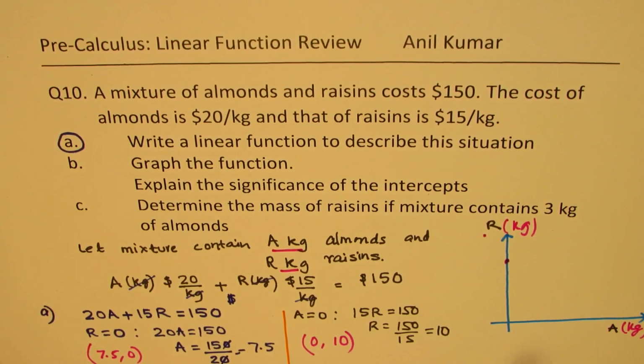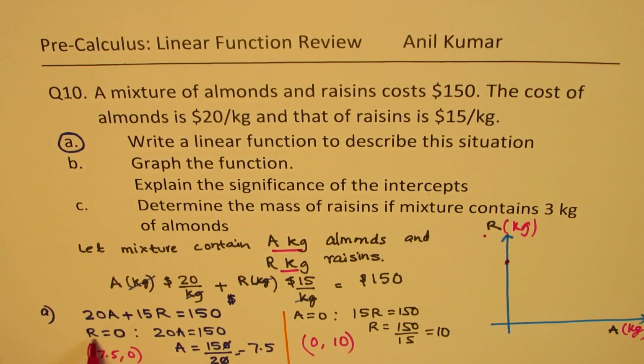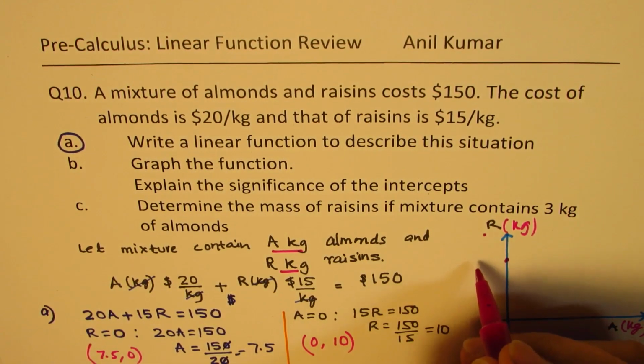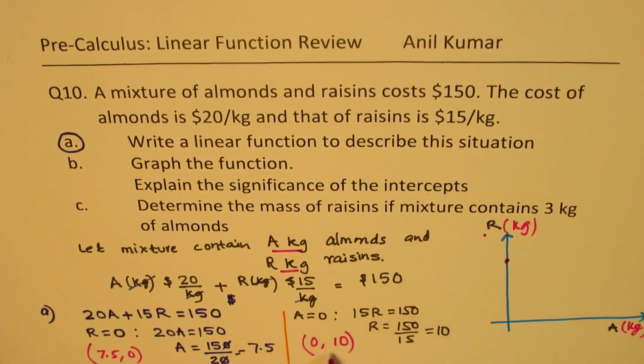So what we get here is a straight line where, if we do not use almonds, the mixture consists of all raisins. In that case, we'll have 0, 10.